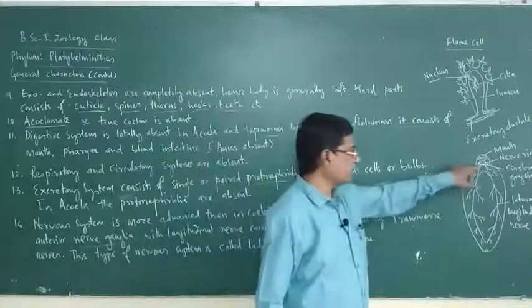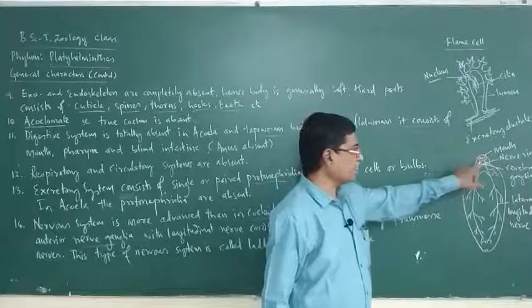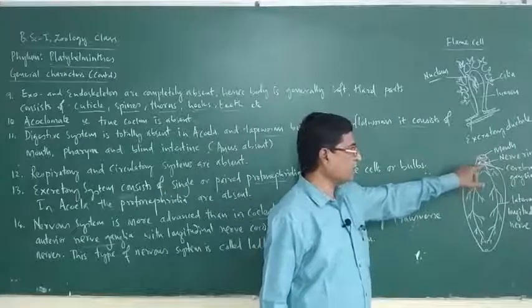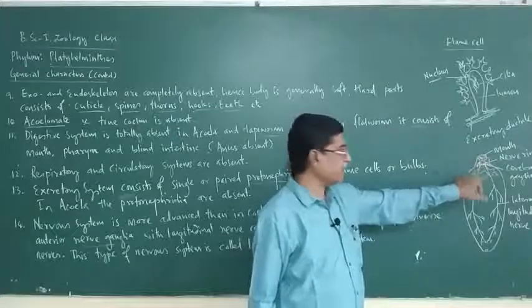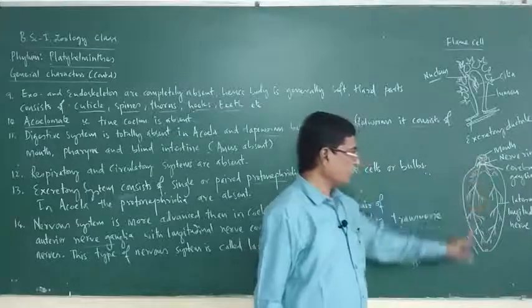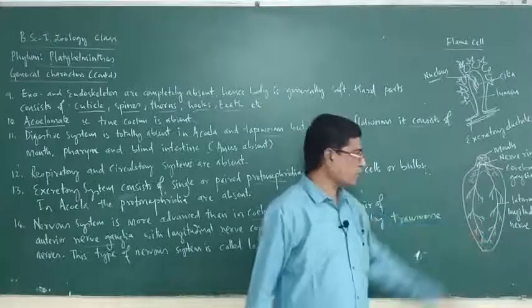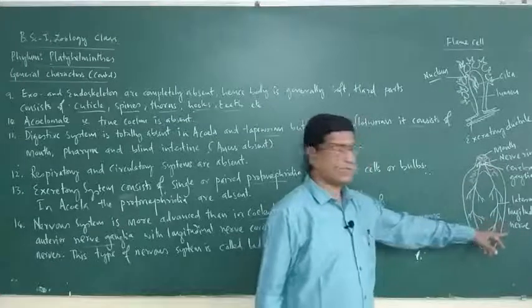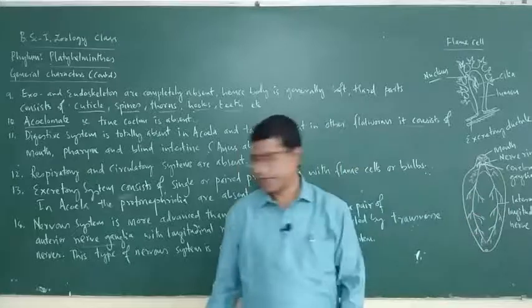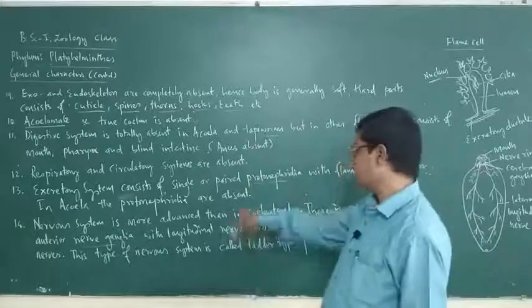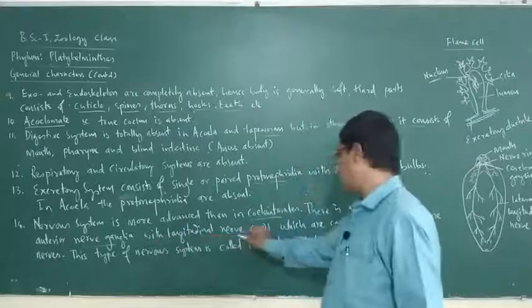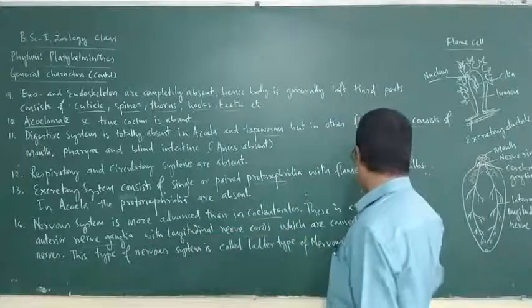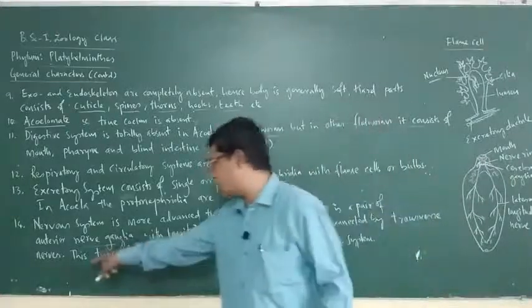Look here, this is the nerve ring. On either side of the nerve ring, the cerebral ganglia are present, and two elongated longitudinal lateral nerves are there. Those nerve ganglia with longitudinal nerve cords are connected by transverse nerves, so they are ladder-like.